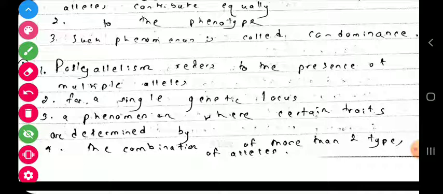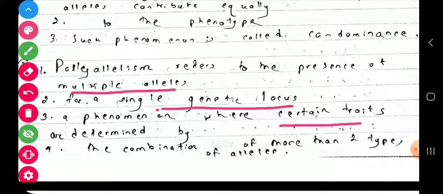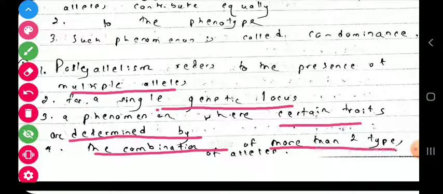Polyallelism refers to the presence of multiple alleles for a single genetic locus, a phenomenon where certain traits are determined by the combination of more than two types of alleles.